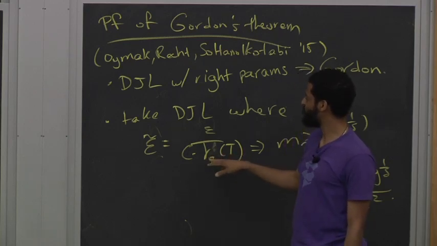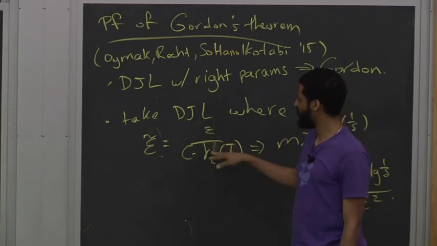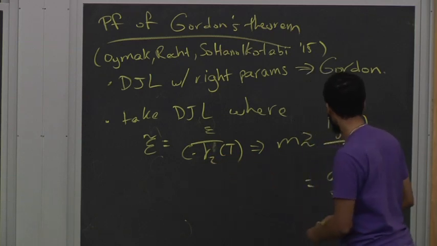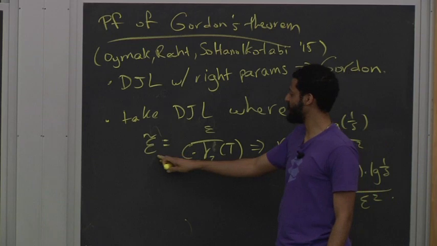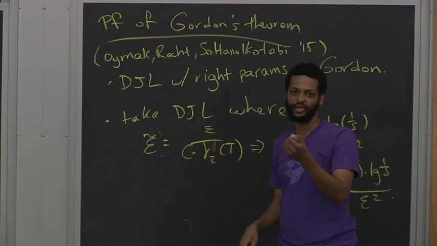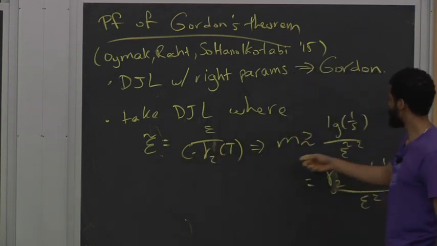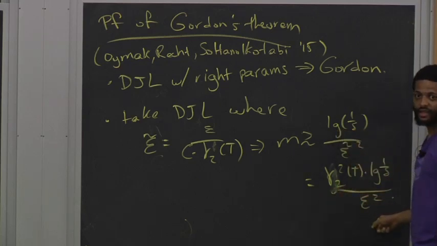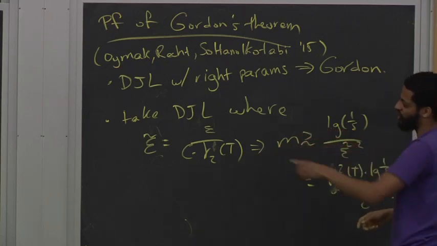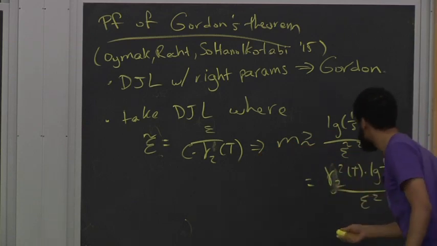How many dimensions do you need to get this kind of error? This is gamma 2 squared. You need 1 over epsilon tilde squared times log 1 over delta. So this implies that m needs to be log 1 over delta over epsilon tilde squared, which is this. But by the theorem of Talagrand and Fernique, we know gamma 2 and g are basically the same thing.